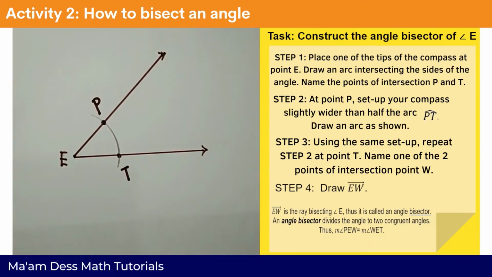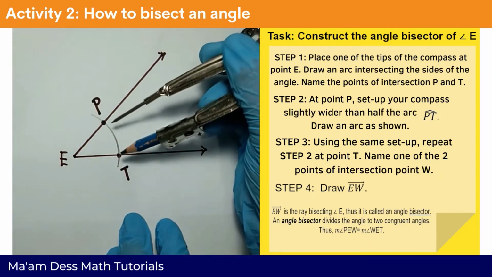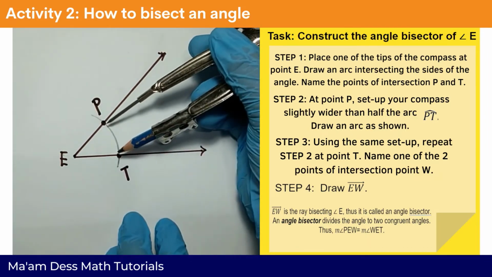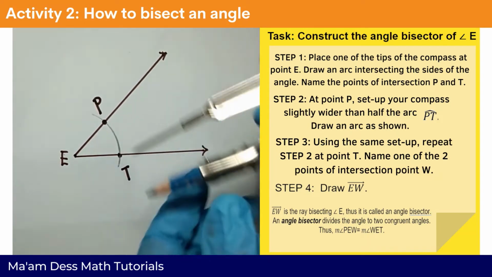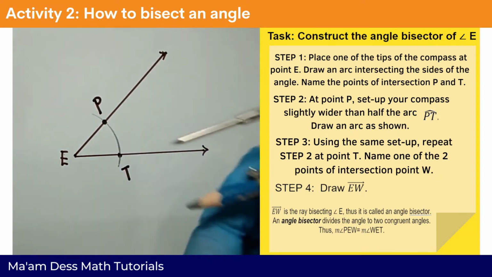For the next step, step 2, at point P, set up your compass slightly wider than half the arc PT. So, here is the measure of arc PT. Okay? Then, set it up more than half.